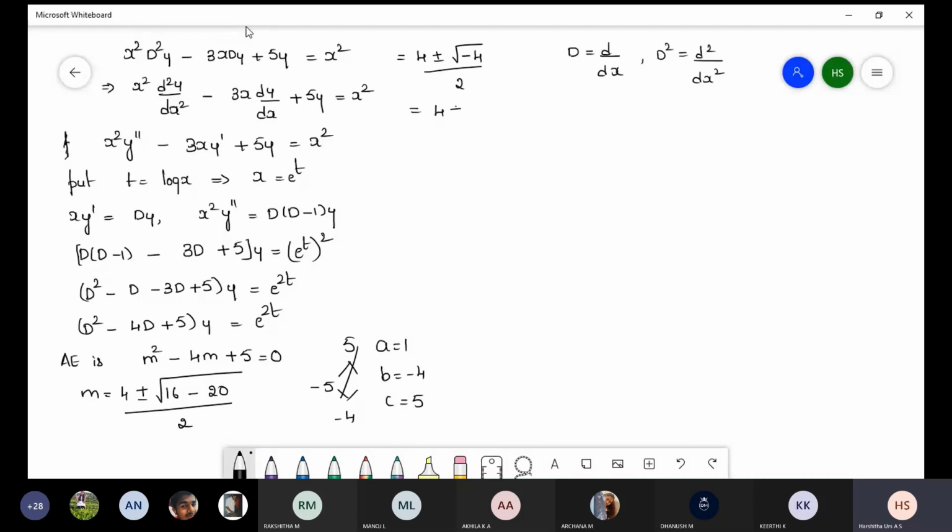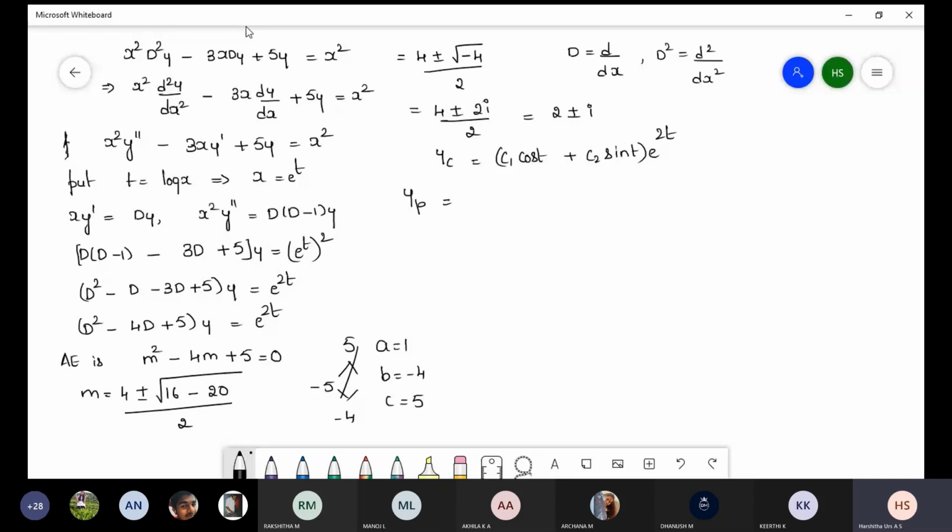So here we get 2i divided by 2. So 2 plus or minus i, because from the numerator I have taken 2 as a common term. So 2 will get cancelled. Remaining will be 2 plus or minus i. yc is equal to (c1 cos t plus c2 sin t) e power 2t, because the p value is 2.